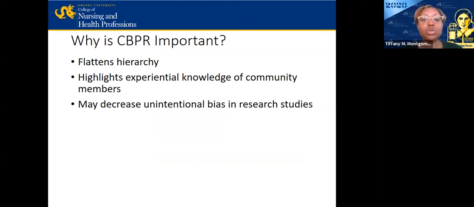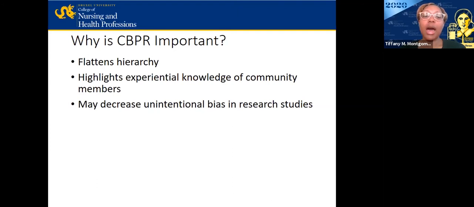I try not to use that language because it's very patriarchal, and it has us look at community members as if they're just there to do a job for us. When we talk about having research subjects and not research participants, we don't look at community members as an important piece of the process of research. We just look to them for outcomes. And that's just really not the way that we should be going about it if we have a CBPR lens.